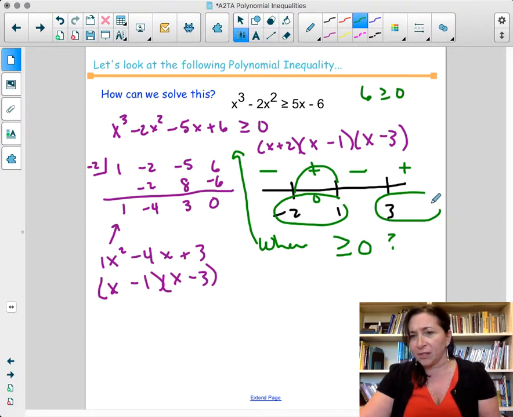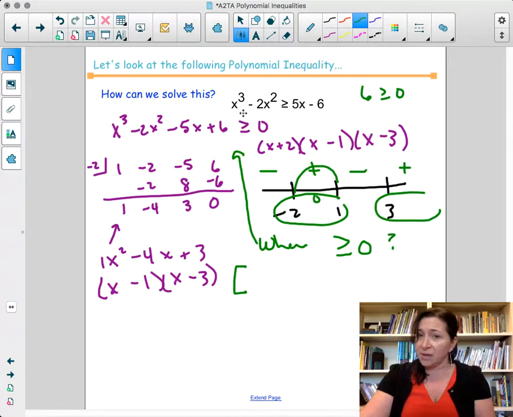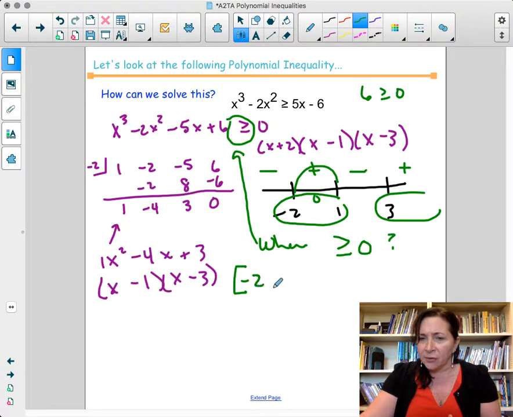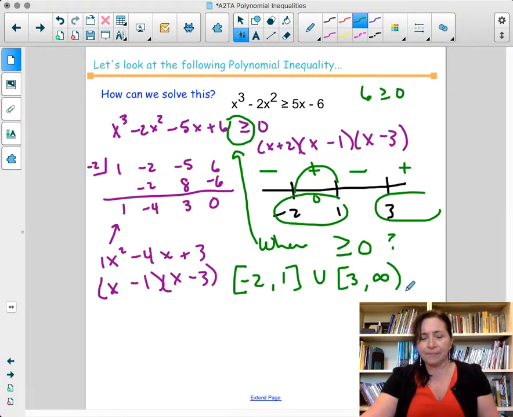And this interval is actually infinity. So as your final answer, you would say, bracket different than parenthesis, because this is greater than or equal to, therefore you have to have the bracket. You have -2 to 1, bracket, union, bracket, 3 to infinity, parenthesis.